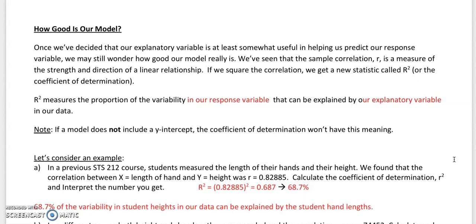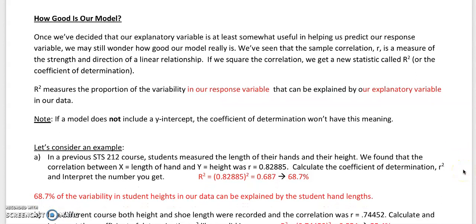Another way to think of it is if you just made a graph of everybody's height, there's a lot of variability there. Some people are on the shorter end, some people are on the taller end. Now, if you used hand lengths to make predictions for the height, how much you're off by in your guess will be a lot smaller than if you just looked at the original graph and had no other information.